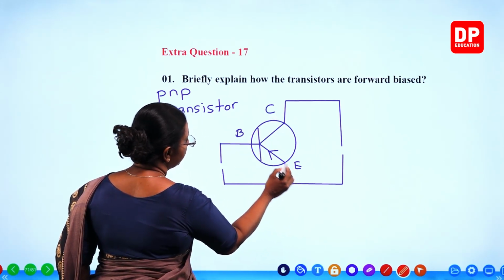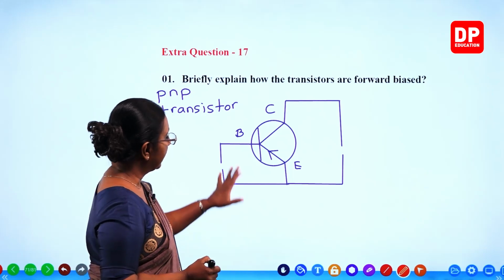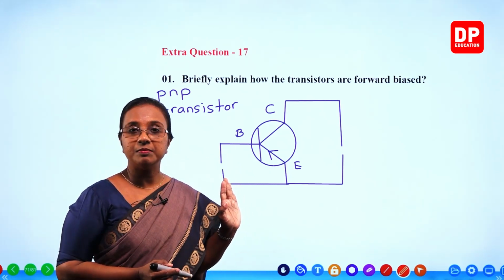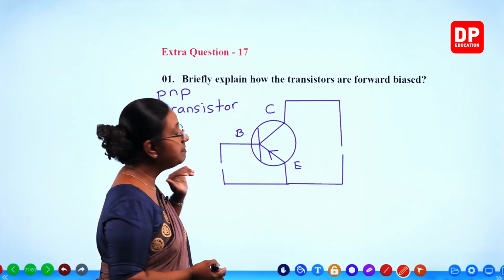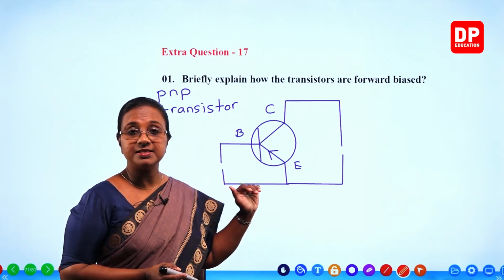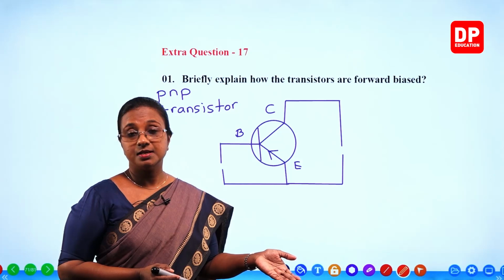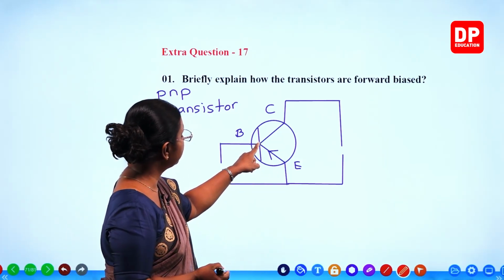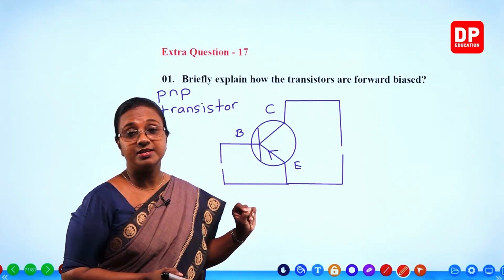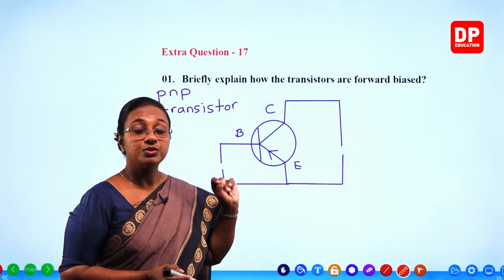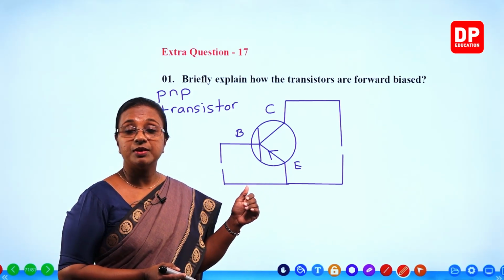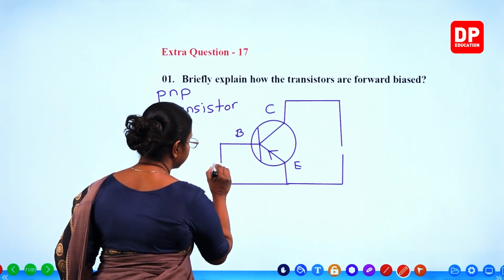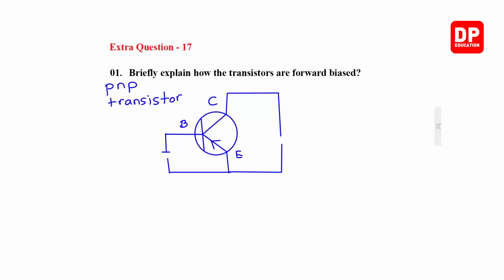Current flows from emitter and base to collector. Always remember, students, the base has to be forward biased with the same terminal. Since this is a PNP transistor, the base is the N region. Therefore, the negative terminal of the battery has to be connected to the base. Negative potential to the base, positive potential to the emitter, because it is a PNP transistor.